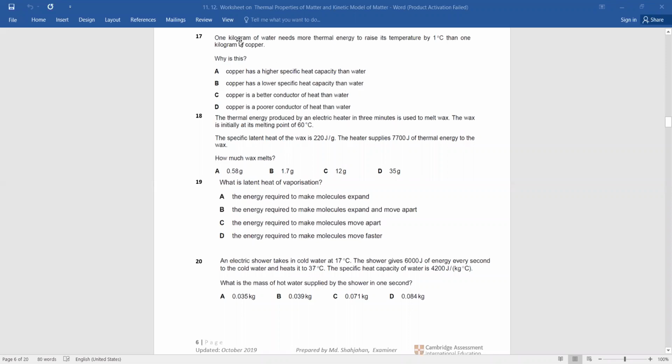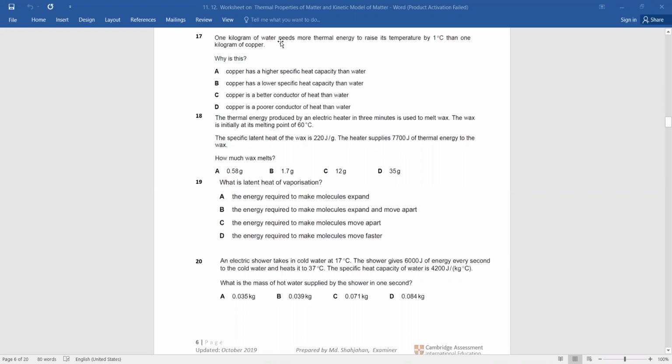The way they gave the statement is: 1 kilogram of water needs more thermal energy to raise its temperature by 1 degree Celsius than 1 kilogram of copper. So from this statement, we understand the specific heat capacity of water is more, right?